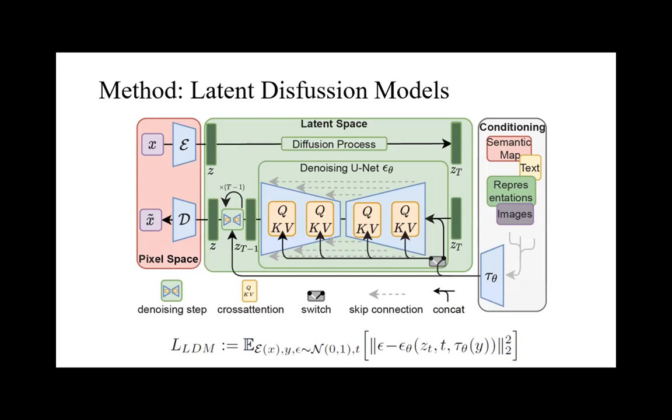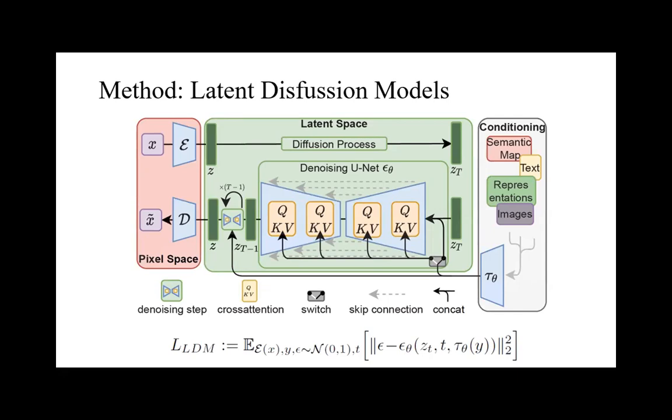So basically, we start from an image X and we have an encoder from our variational autoencoder, and we get some representation in the latent space. In this space, we are going to perform the forward and backward process of the diffusion model. But we want to condition this generation with some labels, which could be a semantic map, text, or images.